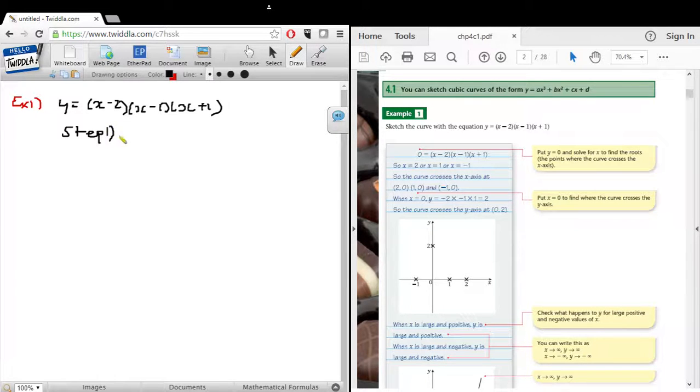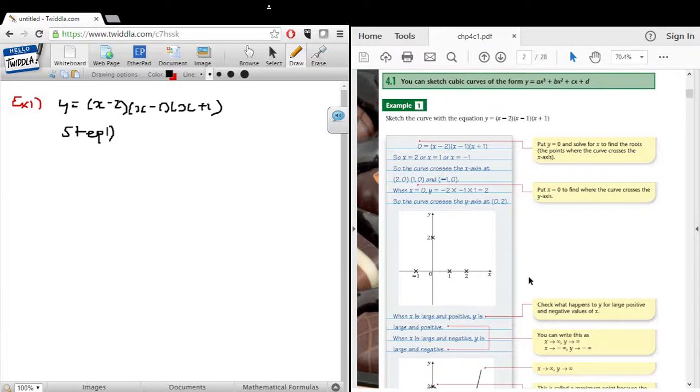In this example, they've equated everything to 0, which allows them to find the roots. After they found the roots, they found the intersection with the y-axis, and they have all the points of intersection with the axes.